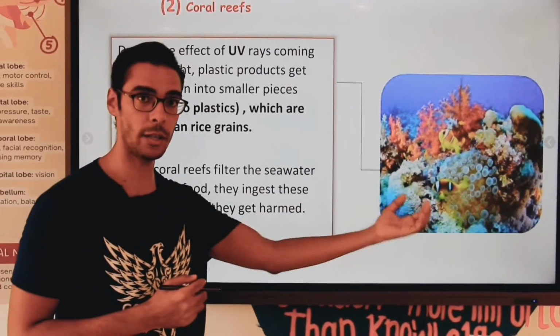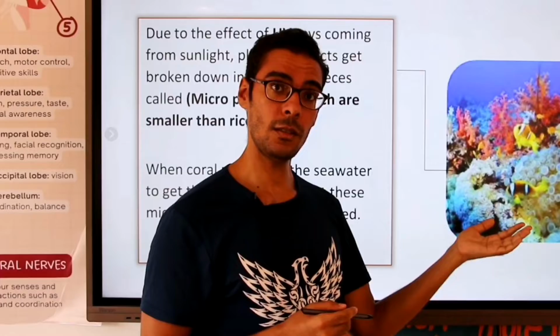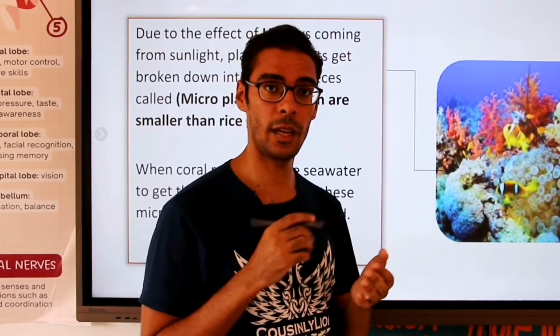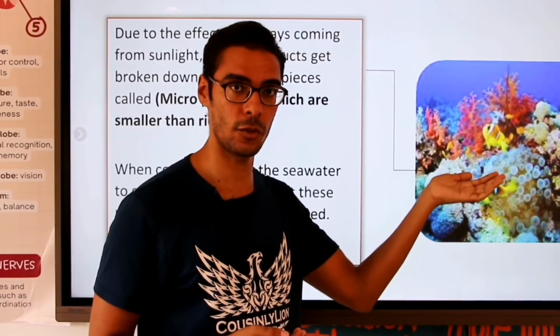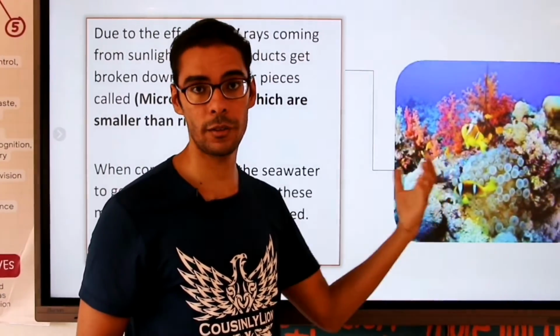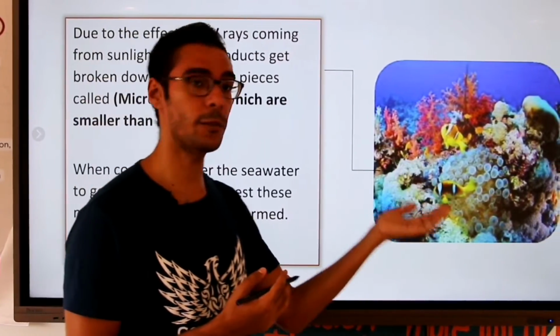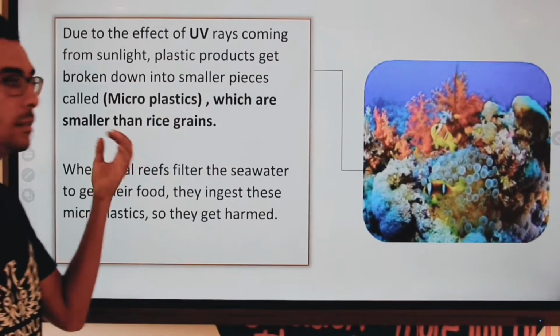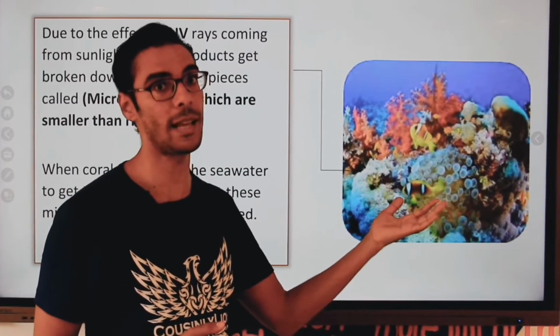It filters the water, gives the fish shelter and food. So the presence of coral reefs is really useful in any food web and any marine ecosystem, not just for providing fish food and shelter. Also the coral reefs filter the water for them. But these microplastics are really harmful for coral reefs. So the microplastic pieces are not just harmful for the sea turtles, they are really harmful for coral reefs as well.